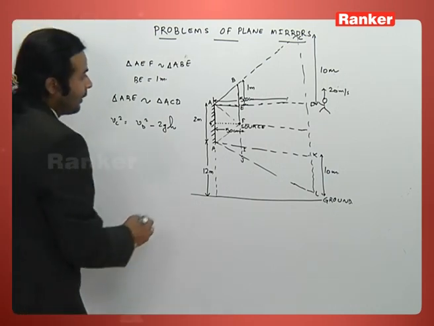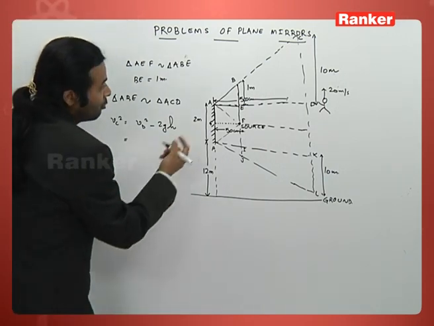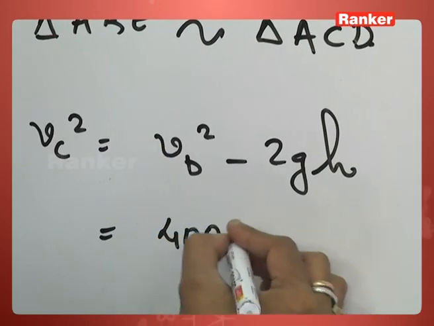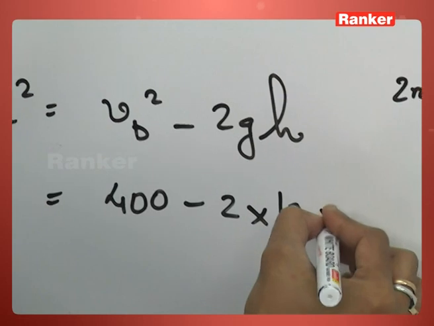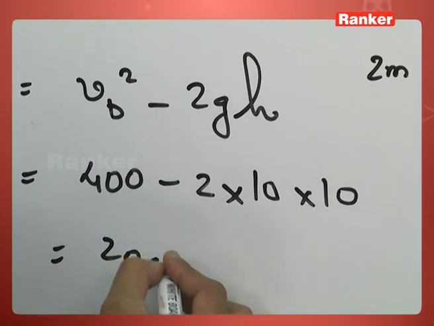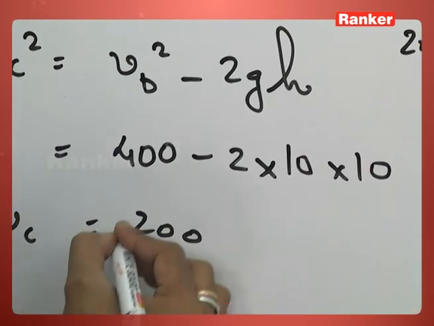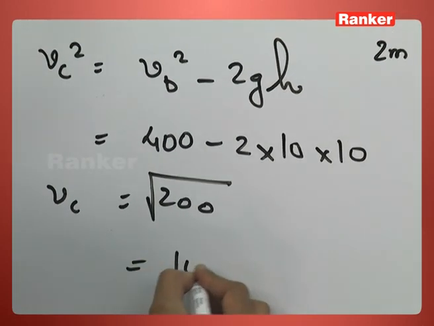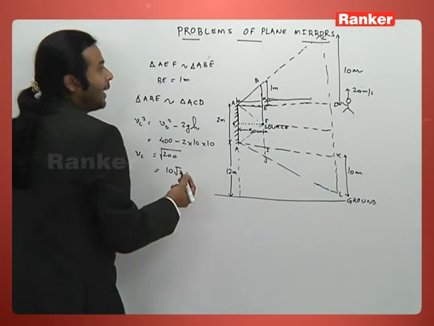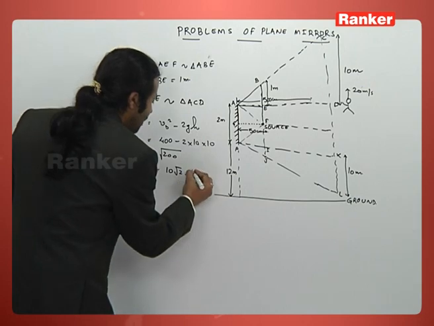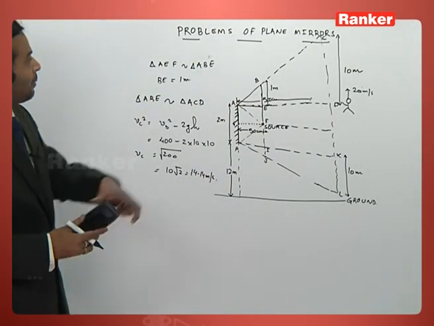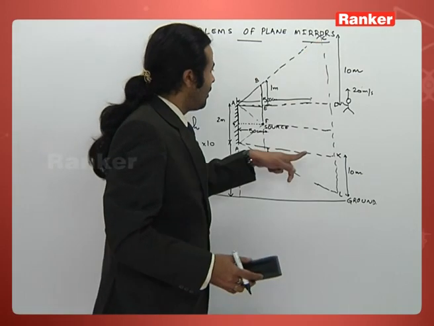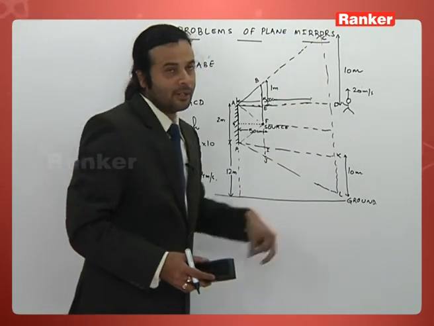Now Vd square is 20 whole square, 400, minus 2 into, I take g to be 10, 10 into 10, so this is 200. So Vc will be square root of 200, which is 10 root 2, root 2 I take 1.414, so 14.14. That means at point C the velocity of the boy does not become 0.